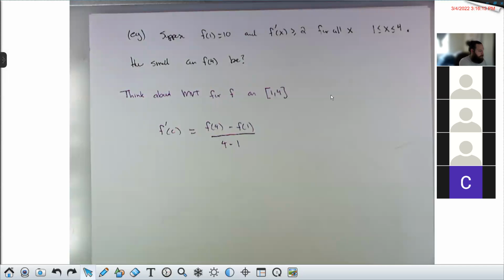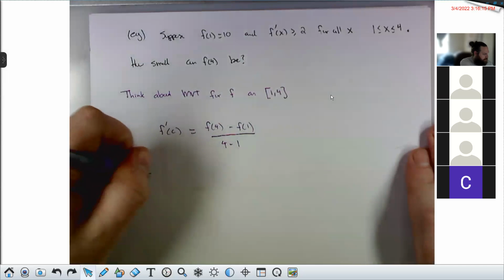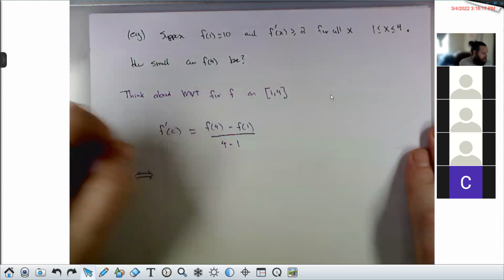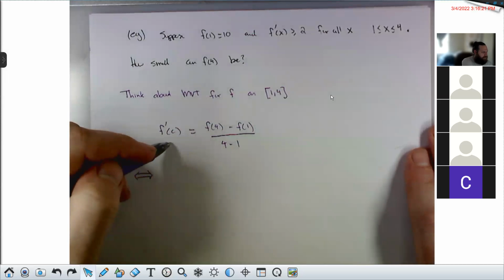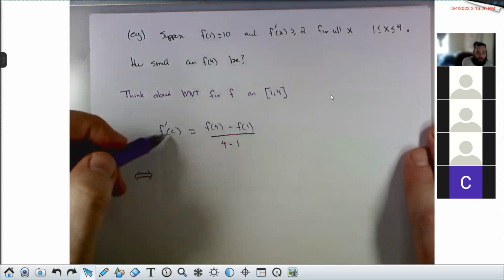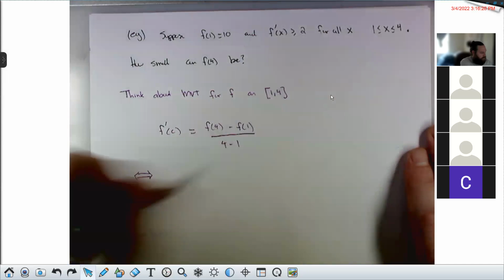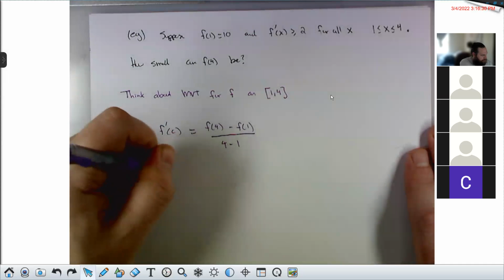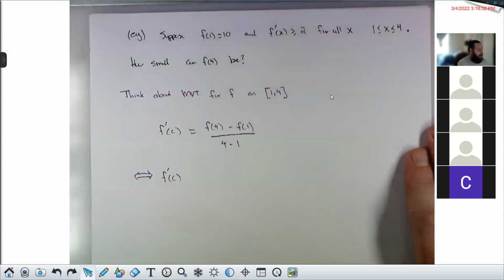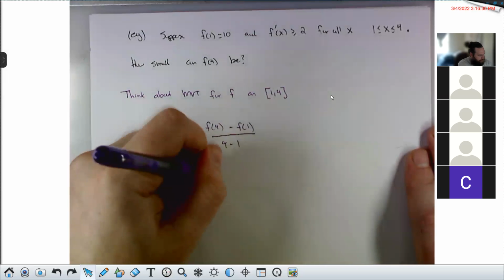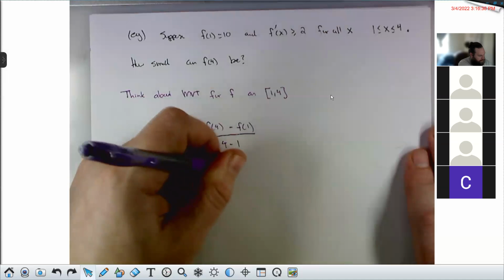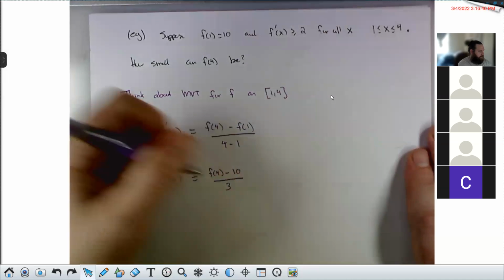Some of these things I know, some of them I do not. I have a little bit of information about f prime of c because it's the derivative of f. So I know that that's at least 2, but for now, I'll just leave it as f prime of c. I know that f of 1 is 10. And I know that 4 minus 1 is 3.